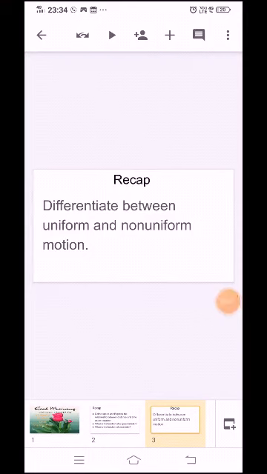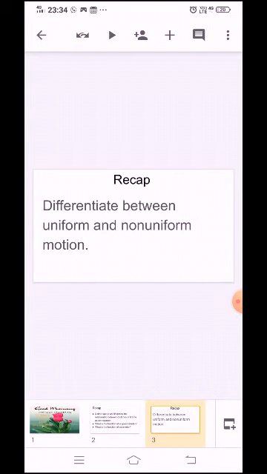Let us revise the topic. Differentiate between uniform and non-uniform motion. Uniform motion. When a body travels in a straight line and covers equal distances in equal intervals of time, it is said to be in uniform motion. Non-uniform motion.